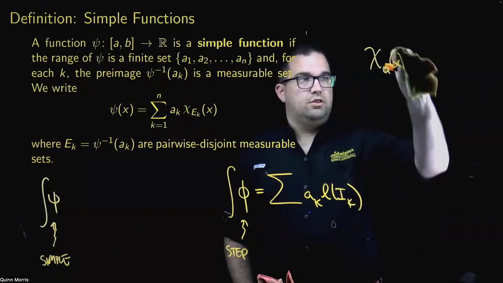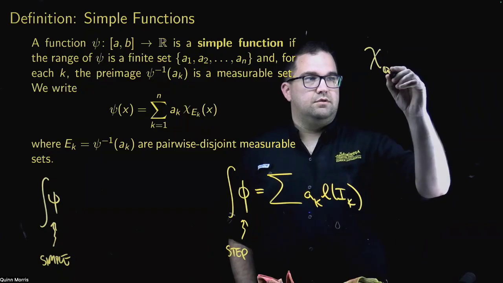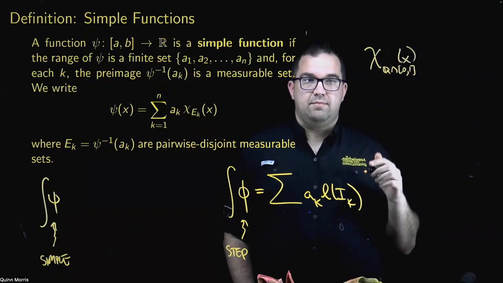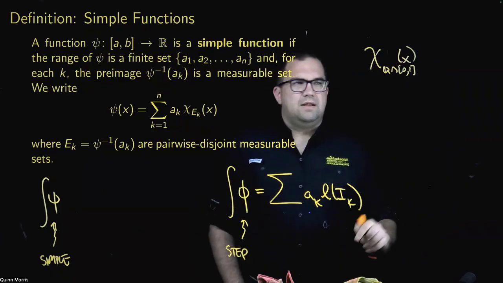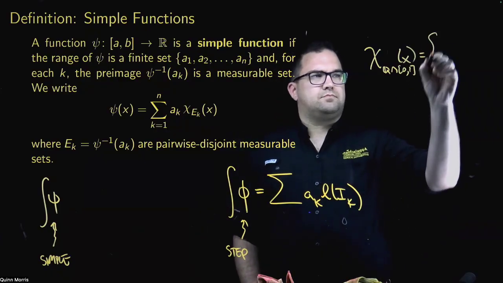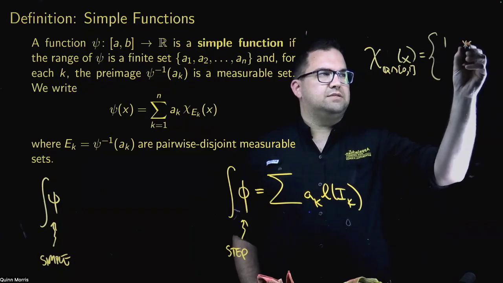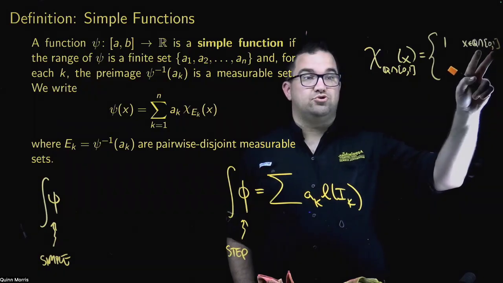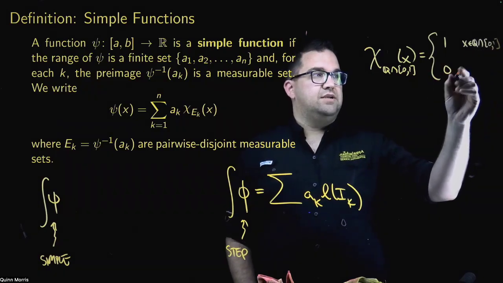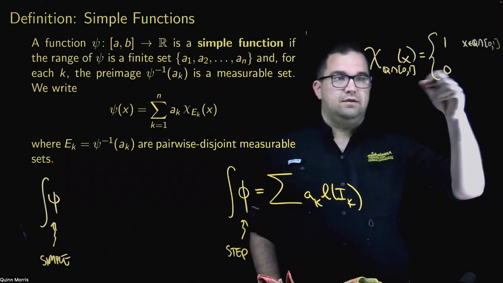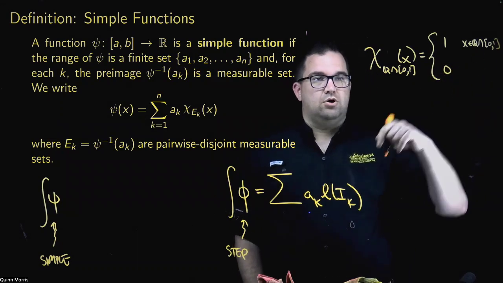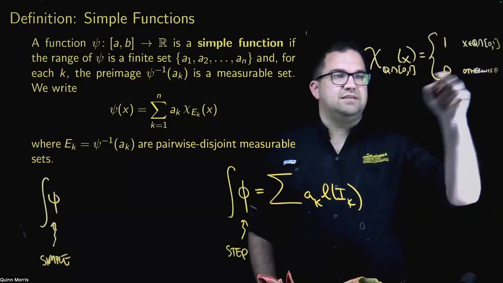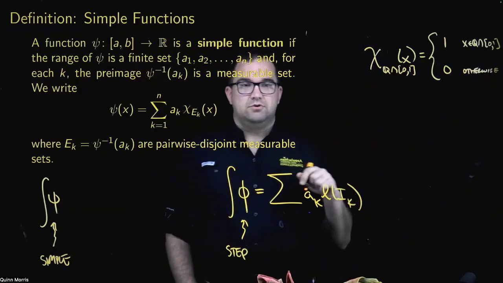But I can express this: it is 1 if x is in Q intersect 0, 1, which by the way is a measurable set, and 0 otherwise, and that complement also has to be a measurable set. So this is, in fact, a simple function.